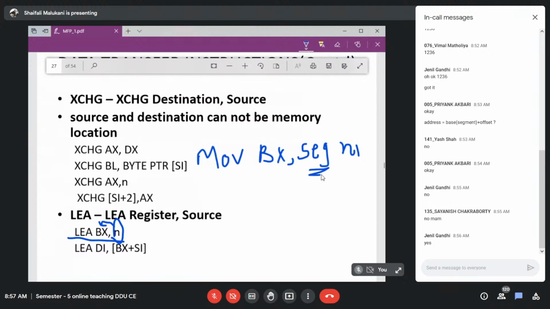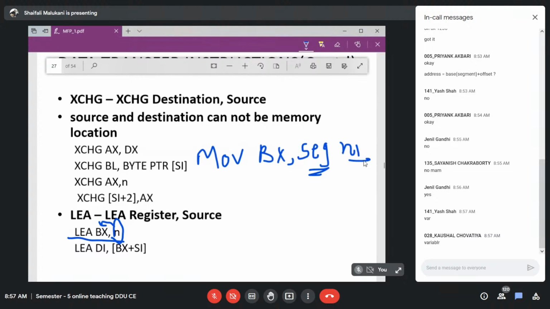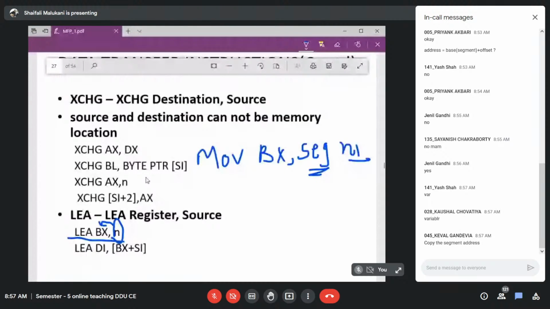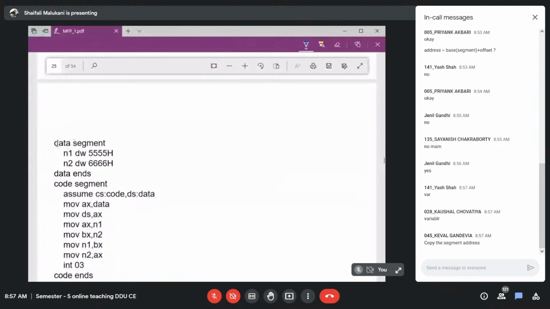This is an assembler directive once again. What is n1? N1 is your variable. It is declared somewhere, like this. N1 is a variable pointing to a memory location, so it will have its segment address.